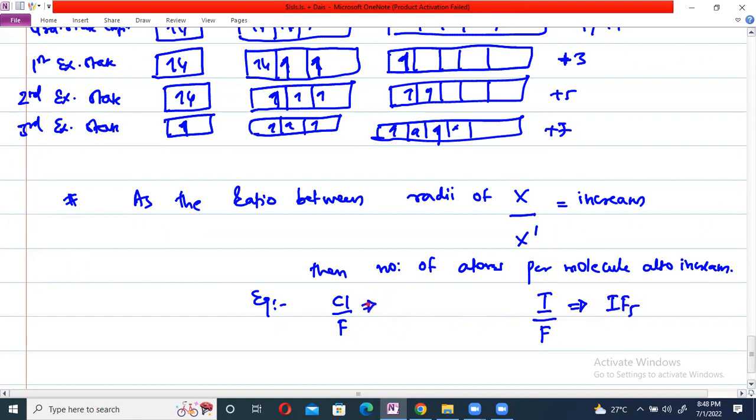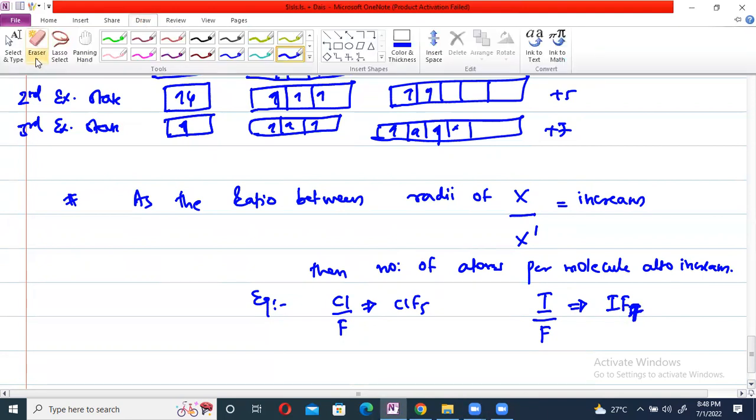But the compound formed by chlorine and fluorine goes maximum up to ClF5. We cannot write ClF7, but with iodine and fluorine we can write IF5, even IF7, and write clearly here it has a tendency to form IF7.